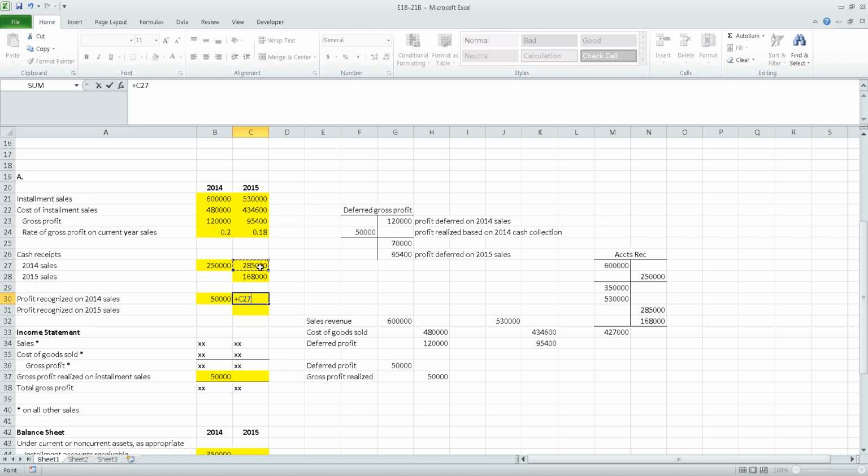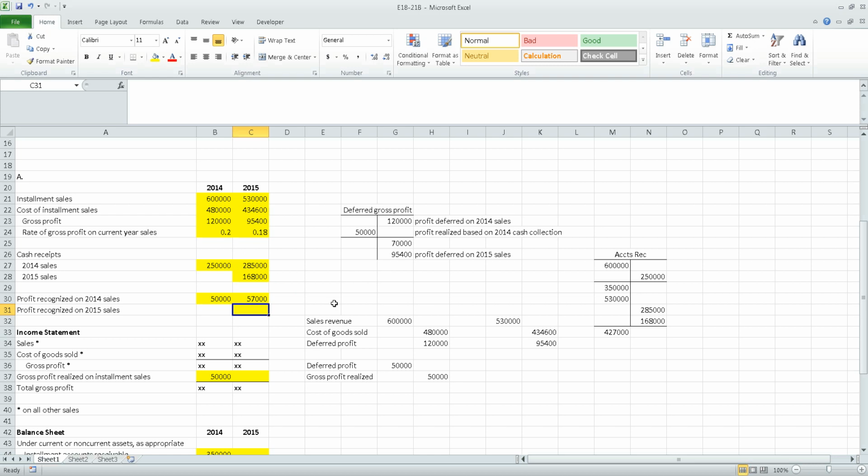Now follow closely because this would be easy to get confused on. You multiply that times the gross profit rate on 2014 sales, which gives $57,000. So by virtue of collecting $285,000 cash in 2015 on 2014 sales, we're going to recognize $57,000 of profit. Again, that's cash collected on 2014 sales multiplied by the 2014 gross profit rate.